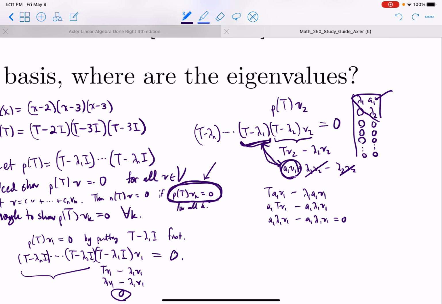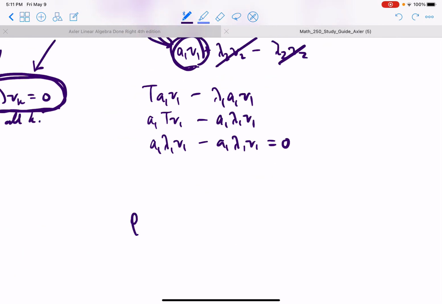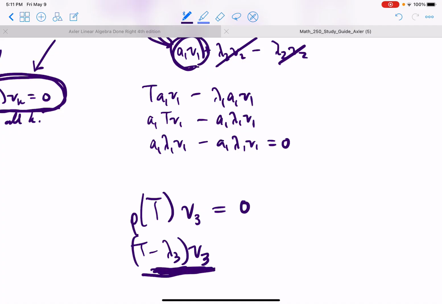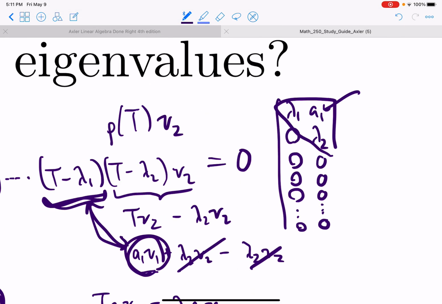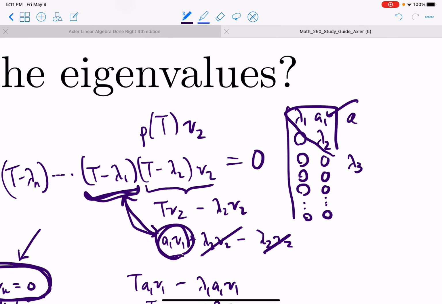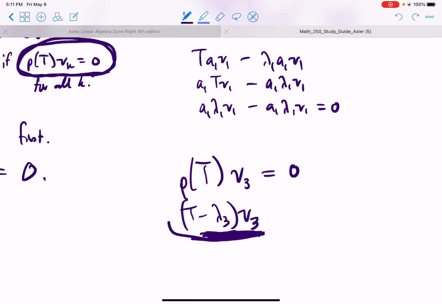And very similarly, to show that P of T v3 is 0, what we'll first do is T minus lambda 3. It'll hit v3, and because of the minus lambda 3 v3, it'll cancel off the third term here, leaving just the next two. And that means that this thing is in the span of v1, v2 only.